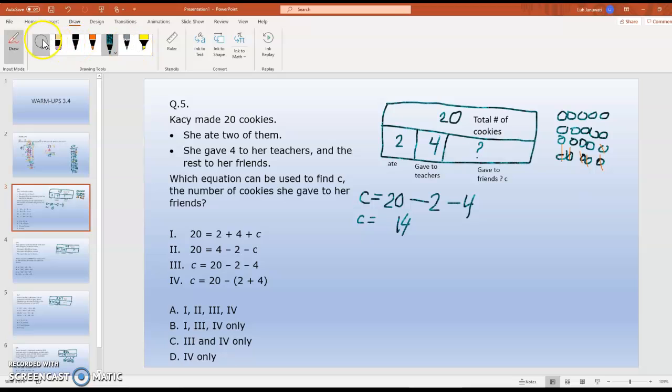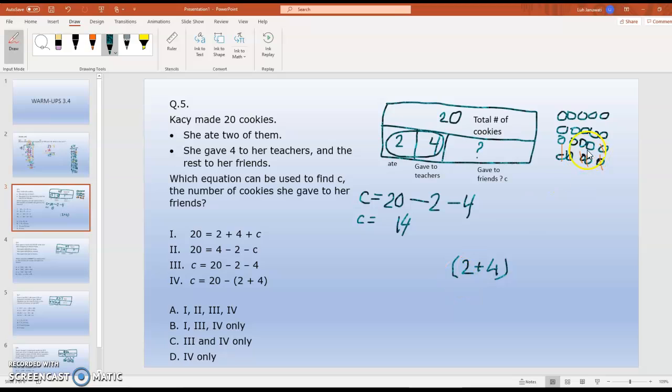I'm going to erase this here. Oh, I'm not going to erase it. So some people might think, okay, I ate 2 and I gave 4 to my teachers. So I add those 2 first because I ate 2 and gave 4 to my teachers.